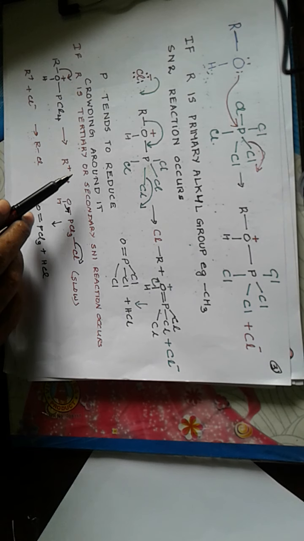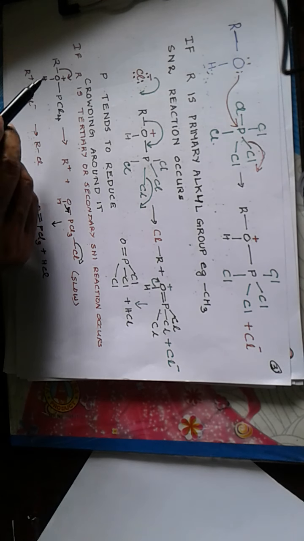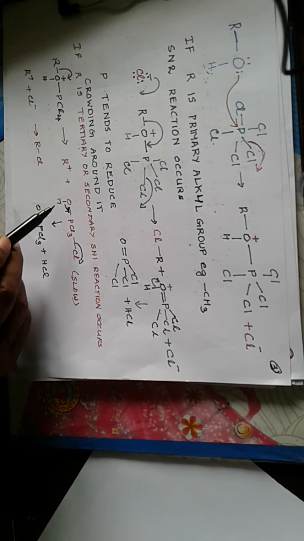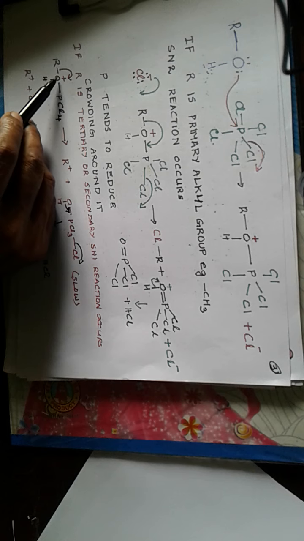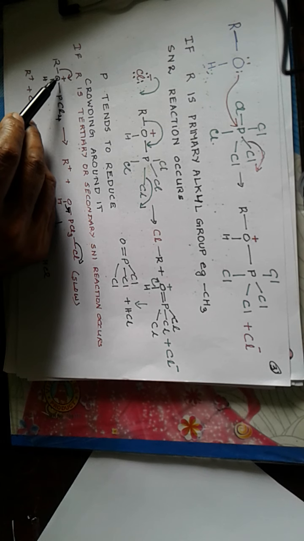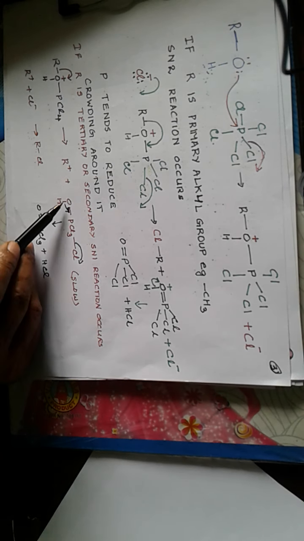Now, if R is a tertiary or secondary alkyl group, then an SN1 reaction occurs. That means the RO bond shifts over the positive charge, or it may shift in between O and P. If the RO bond is shifting over the positive charge, meaning the bond pair is taken up entirely by oxygen, then the share of carbon, that is R, is taken up by oxygen, and then an extra electron is gained by oxygen, so the positive charge neutralizes, and we get a neutral oxygen atom with hydrogen.